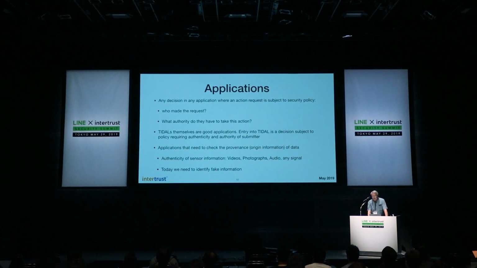But applications also need to check the provenance, the origin information of data, for example, the authenticity of sensor information, videos, photographs, audio, any signal that you can imagine. You want to be able to very, very quickly reference the authenticity of those things before you make a decision.